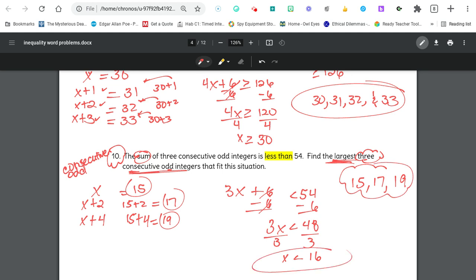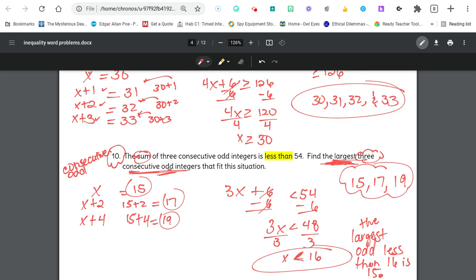It's got to be less than 16, but it also has to be, give me the largest odd. So I put the largest odd, and we'll keep going down because it got to be less than 16. So I know to start off at 15.